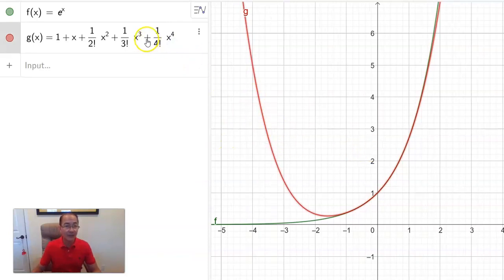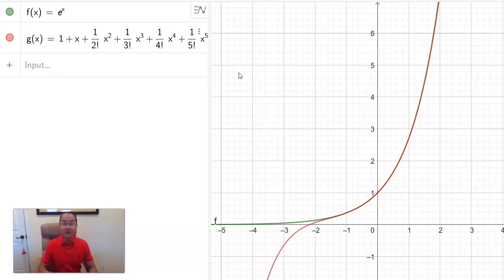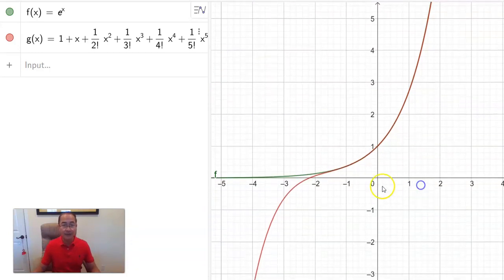Would you like to add another term? Let's see if we can make one. I'm going to add another term, and we will turn this into x to the power 5 over 5 factorial. Check it out. So, of course, fifth degree, it's now going to go to minus infinity on the left.